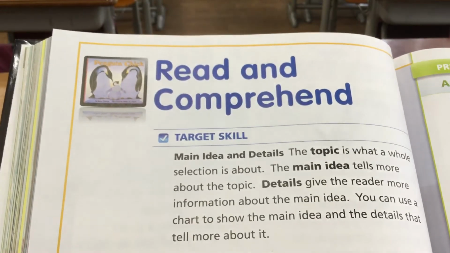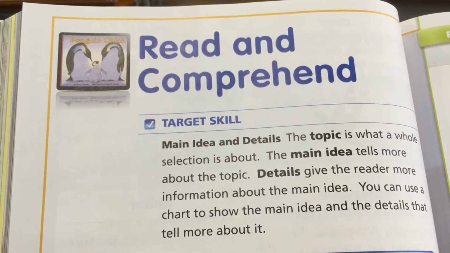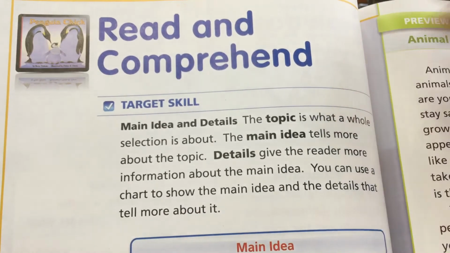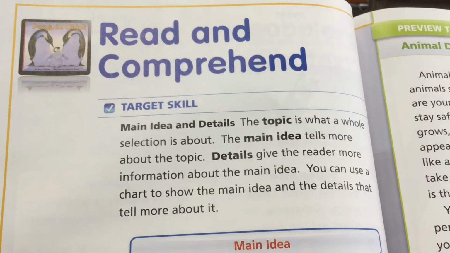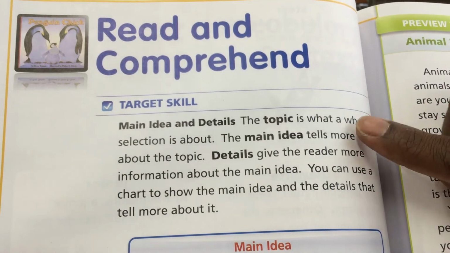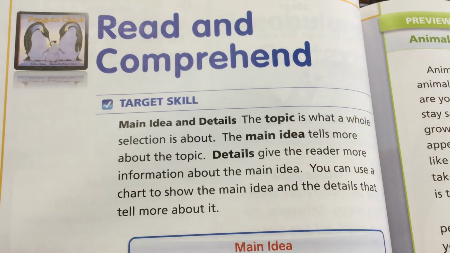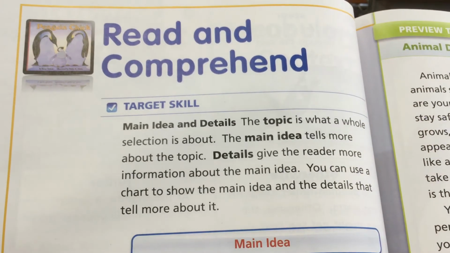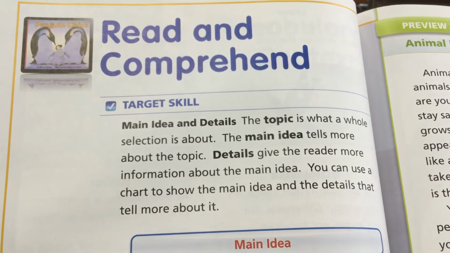So the first section we are starting with is read and comprehend. We're going to look at our target skill. This talks about main idea and details. The topic is what a whole section is about.